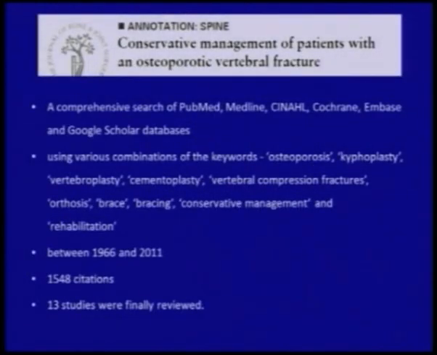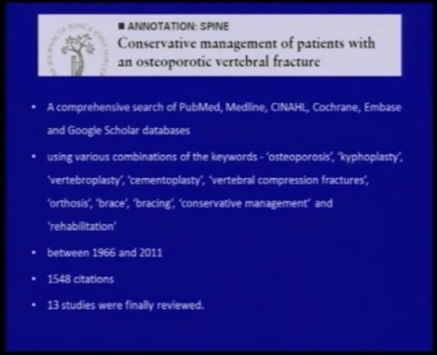For example, in this publication, this is a systematic review on the role of conservative management of patients with an osteoporotic fracture. This researcher has comprehensively analyzed 7 databases. He has used a list of keywords: osteoporosis, kyphoplasty, vertebroplasty, cementoplasty, and about 9 or 10 keywords.